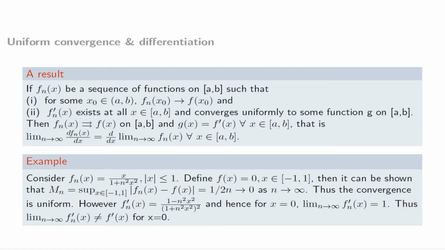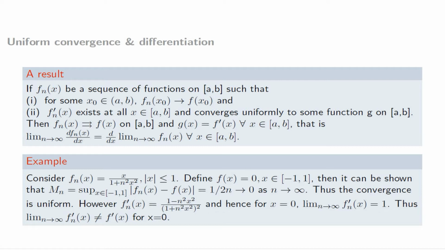If f_n(x) is a sequence of functions on the closed interval [a,b], such that for some x_0 belonging to the open interval (a,b), f_n(x_0) tends to f(x_0), and f_n'(x), that is the first derivative of f_n(x) with respect to x, exists at all x belonging to [a,b] and converges uniformly to some function g on [a,b], then f_n(x) converges uniformly to f(x) on [a,b] and g(x) equals f'(x) for all x belonging to [a,b].